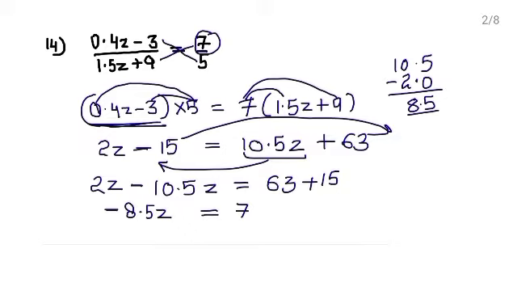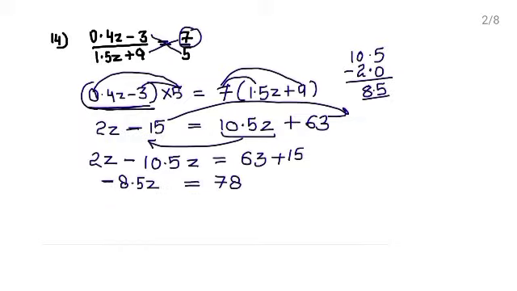is 78. Now you want to find the value of this z, right? So you will move this minus 8.5 to the right. So z is equal to 78. Here this minus 8.5 was in multiplication. After moving to the right, this will be in division, right? Division means in the denominator, right? Minus 8.5.